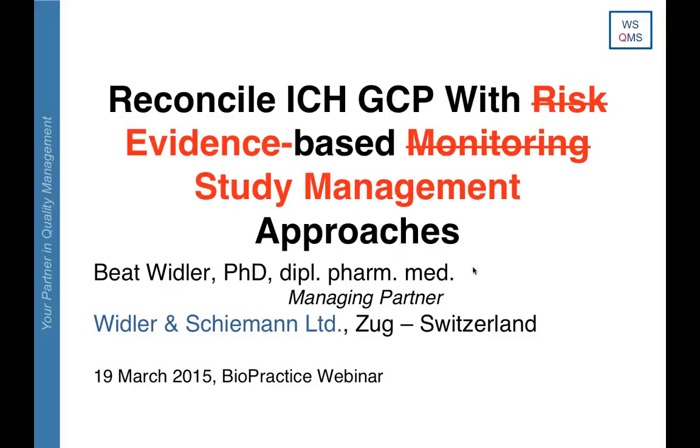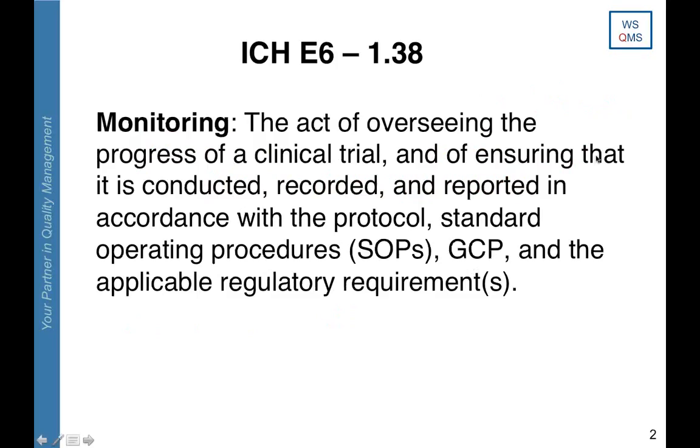Let's then move to revising a couple of ICH paragraphs that are relevant in this context. Paragraph 1.38 very clearly states that monitoring is the act of overseeing the progress of a clinical trial and of ensuring that it is conducted, recorded, and reported in accordance with the protocol, standard operating procedures, GCP, and applicable requirements.